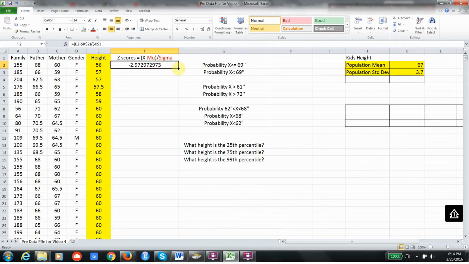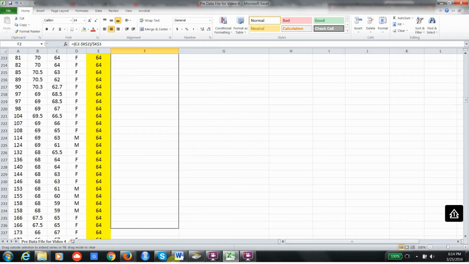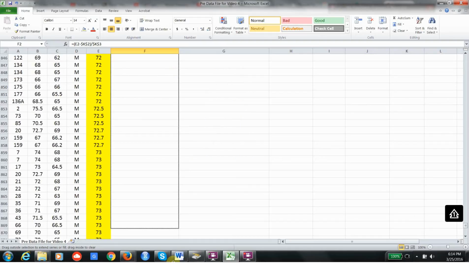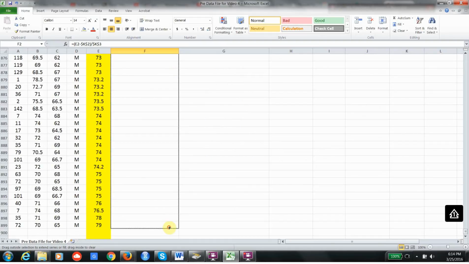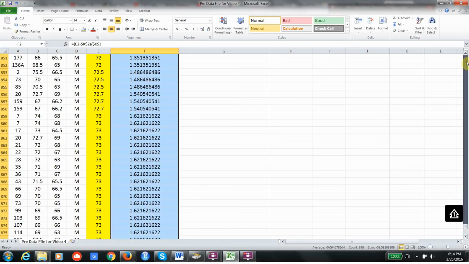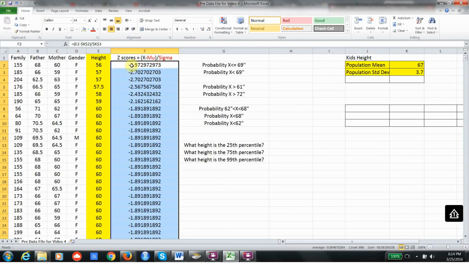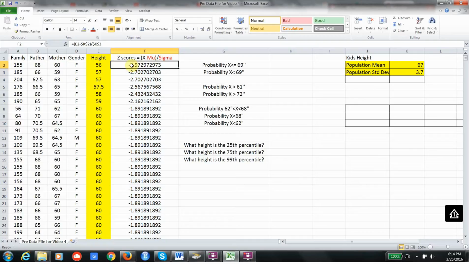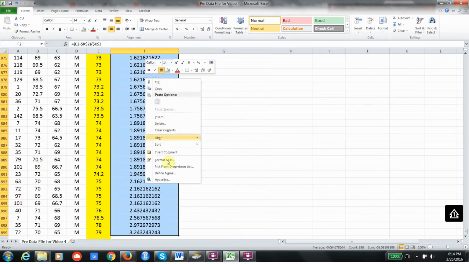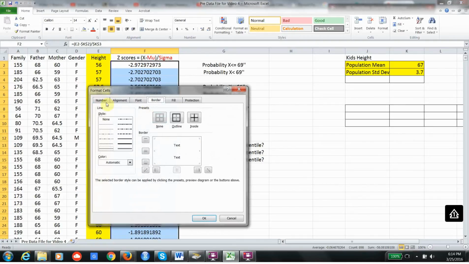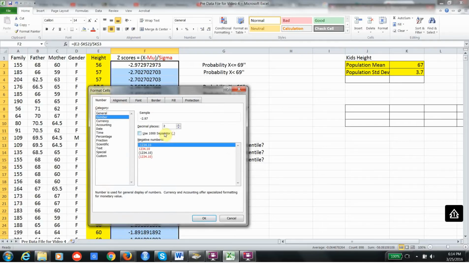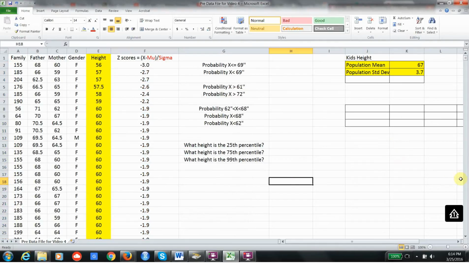And I'm just going to pull that down now. And there we go. I'm just going to format these, although it's not a big deal. Control-Shift down. Format, number, and again, I'll just go out to 1 decimal place. Okay. So that's how we're going to compute the z-scores.